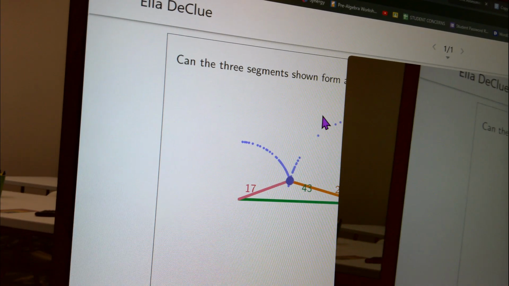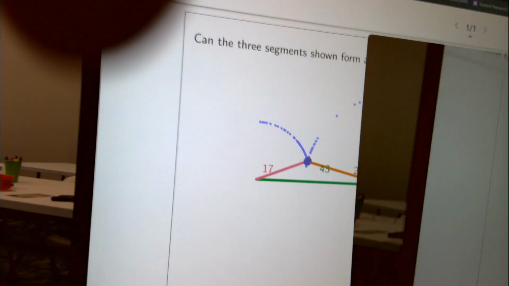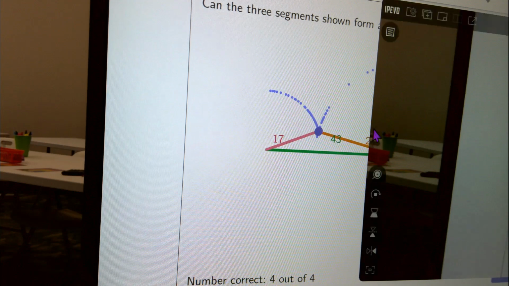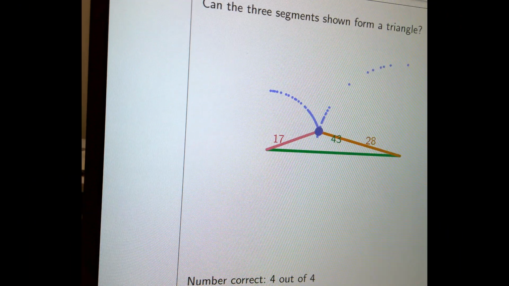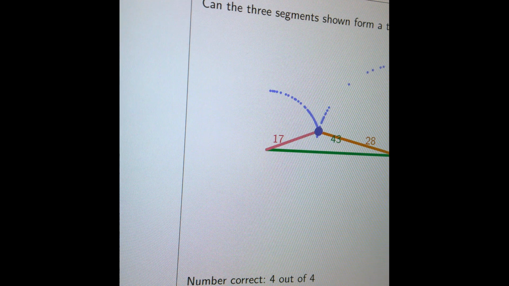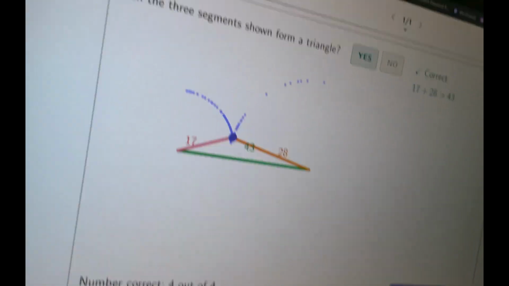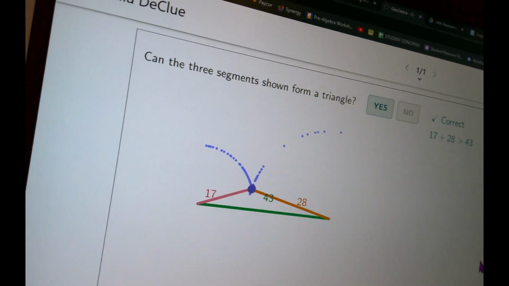Oh my goodness, they're seeing the string? How can I make this not? Let's do this. Okay, there we go. So I'm going to move this over here. That way only you see. So here's what we're looking at. The three segments form a triangle.